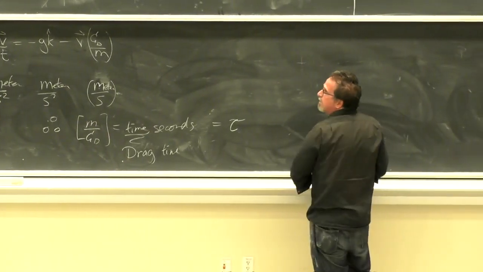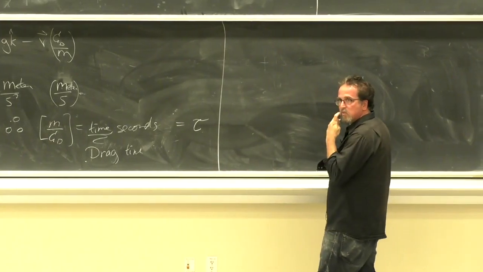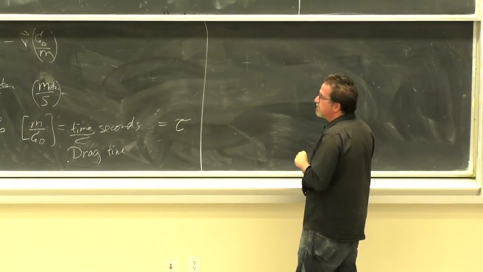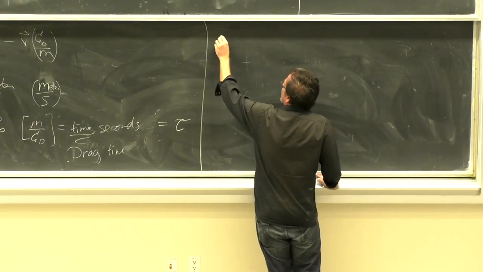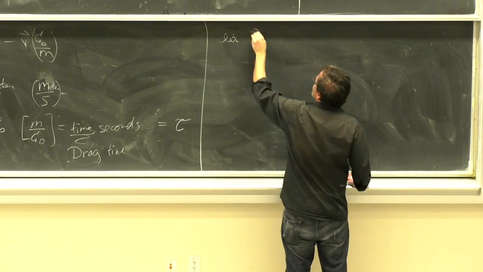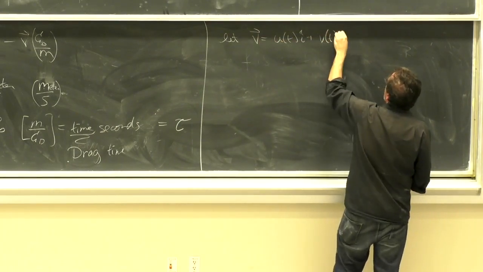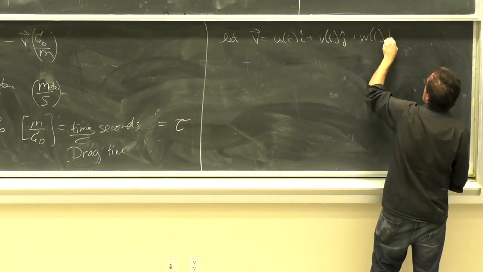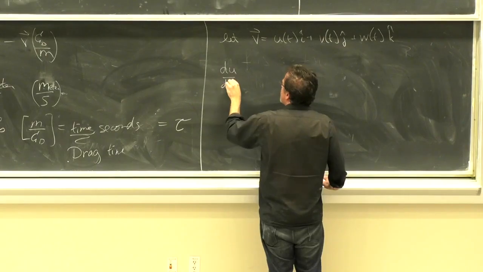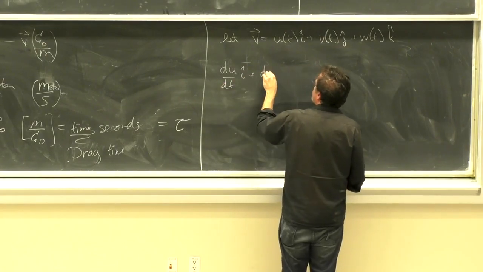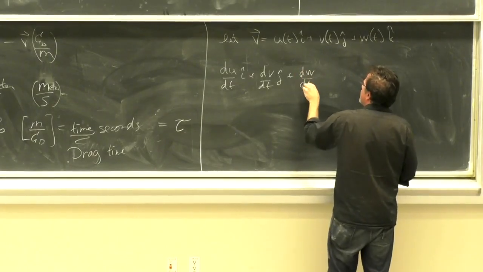And now, everybody, we are left with the following equation. Yes, I did not solve it. I talked a lot about it. But I do actually want you to think about this. The solving is actually not that hard. Let the v vector equal u of t i hat plus v of t j hat plus w of t k hat. These are the three components. Then I have du dt i hat plus dv dt j hat plus dw dt k hat.